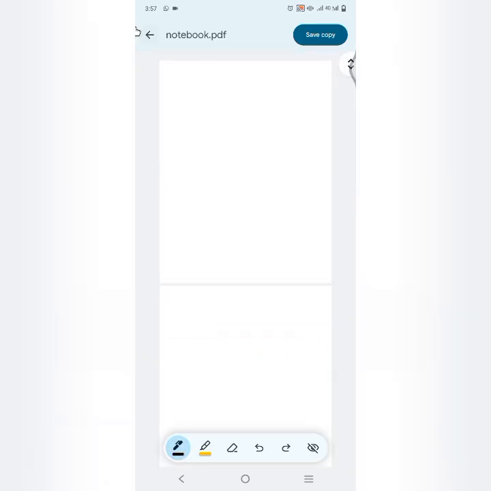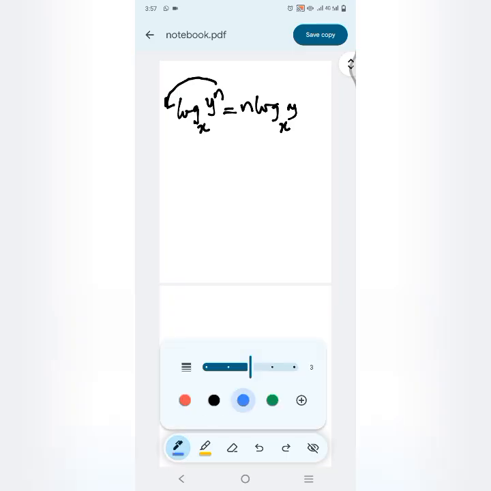The next law we want to look at is the constant law. If you have log to base x of y to the power n, this is the same thing as n log to base x of y. So what happens is that the constant is taken right in front of the log. Let's see quickly an example.